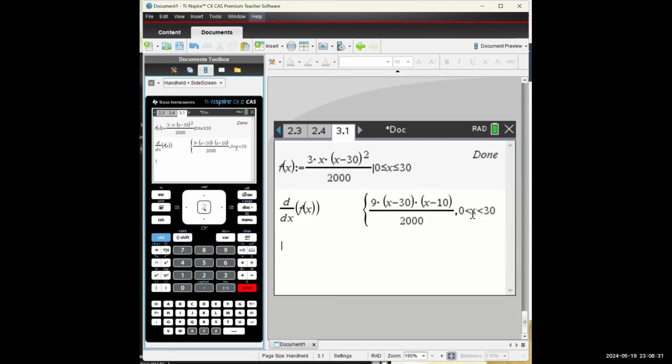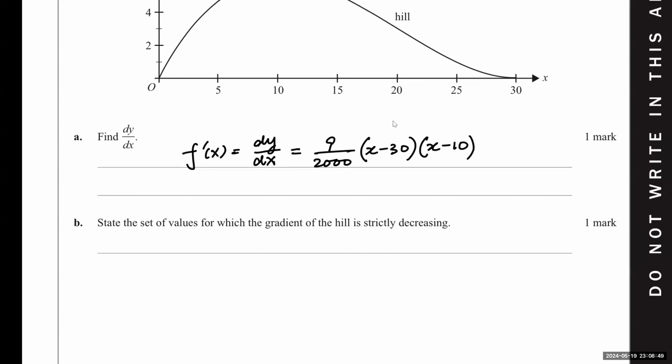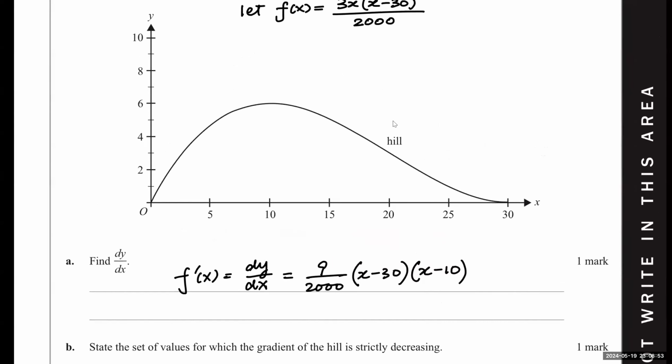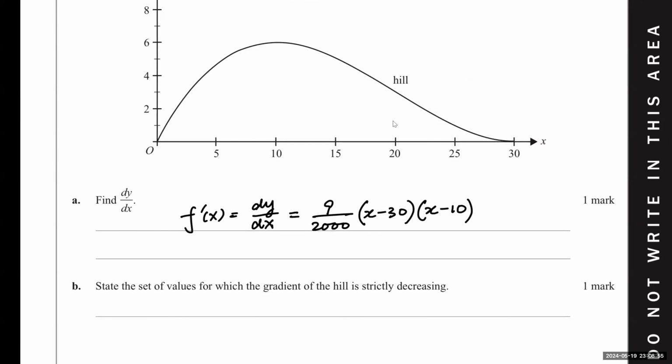The next part is actually an interesting one. It created a lot of debates amongst teachers and students. What happens is the question wants me to state the set of values for which the gradient of the hill is strictly decreasing. Well, state a set of values of what? I would say of x, okay?